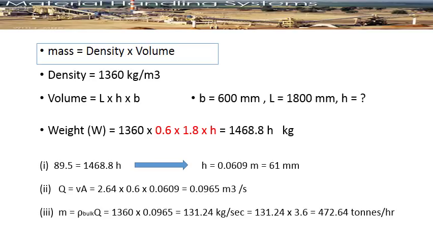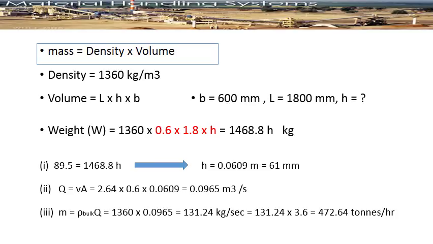For the mass flow rate, it is going to be the Q value, how many cubic meter per second, multiplied by the density, which is kilogram per cubic meter. Then we can simplify the cubic meters to find how many kilogram per second we are going to move.